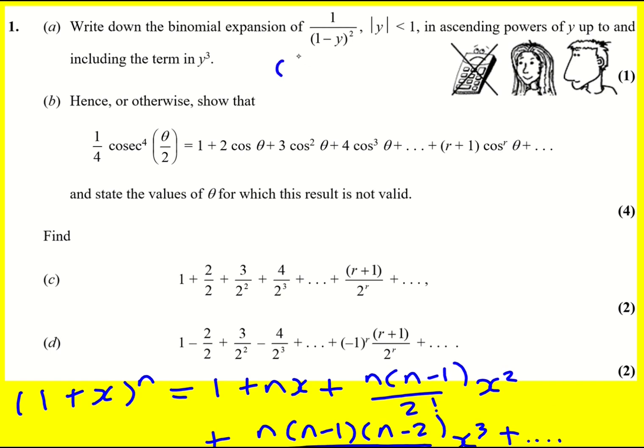Here we can write this as (1 − y) to the minus 2. So this is our x as such, and this is our n.